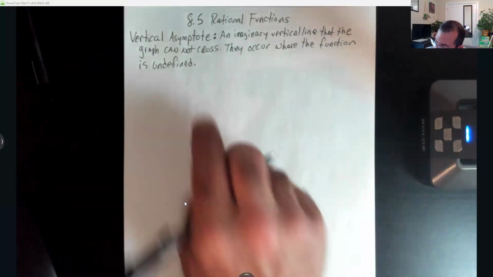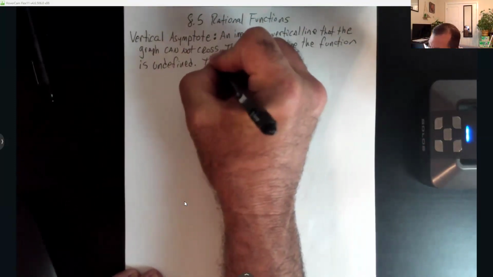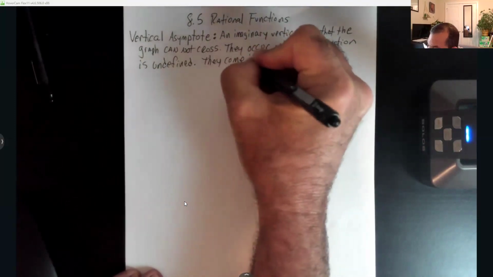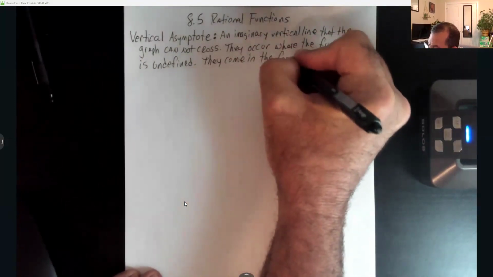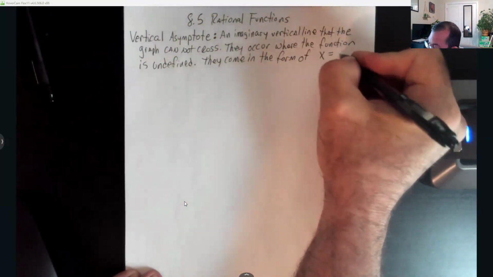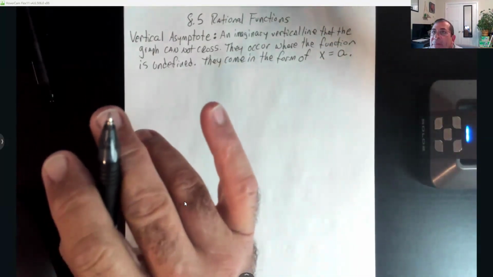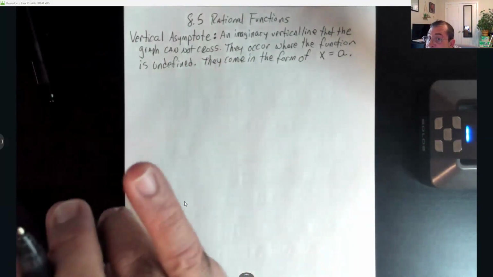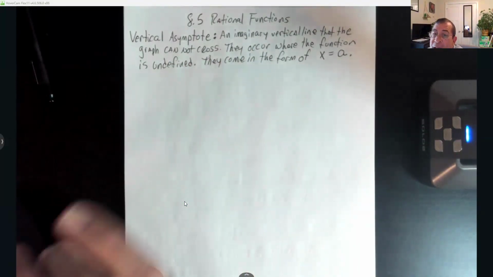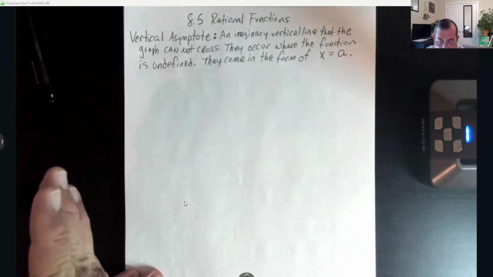So they occur where your function is undefined. They come in the form of an equation, x equals some number. So if my function was undefined at 5, then my vertical asymptote would be x equals 5. It would be a vertical line at the x value of 5, okay?